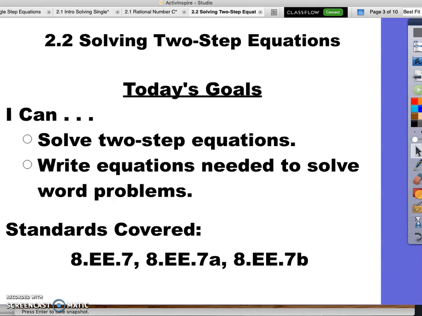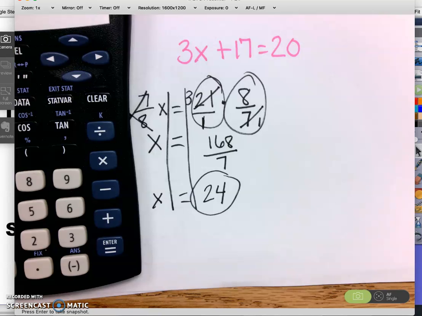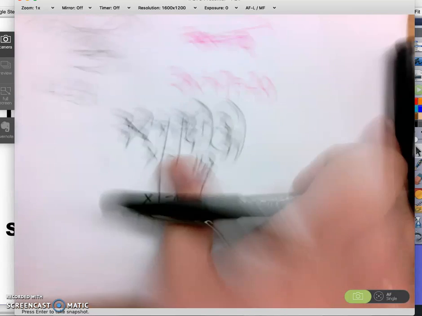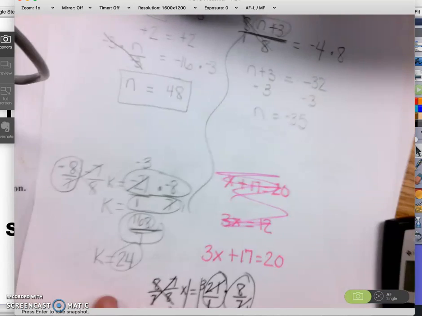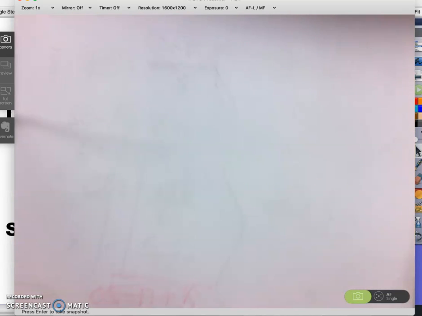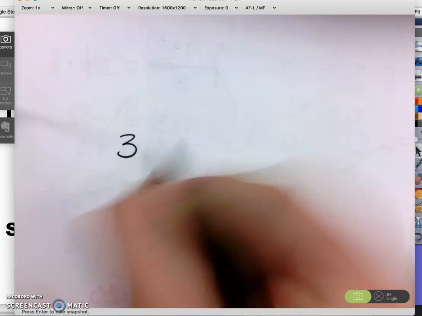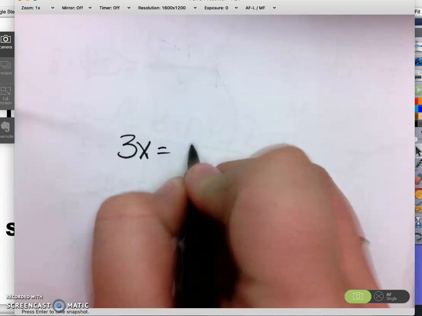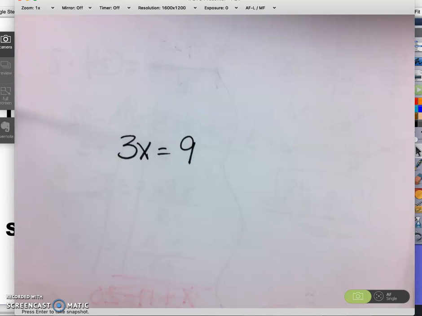Pretty much today, what we're going to be doing. So before, we had those one-step equations where we had problems like 3x equals 9. And we just had the one step to undo.